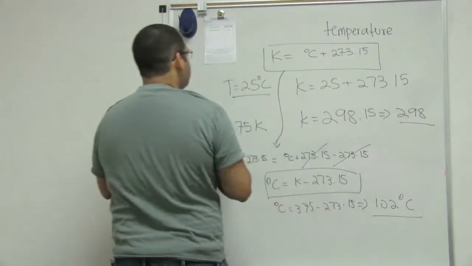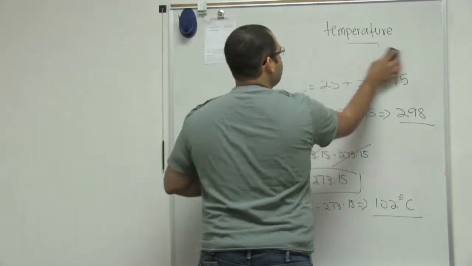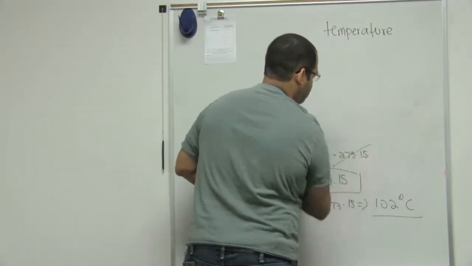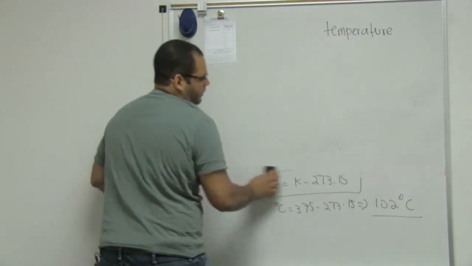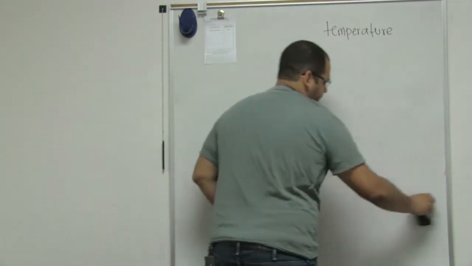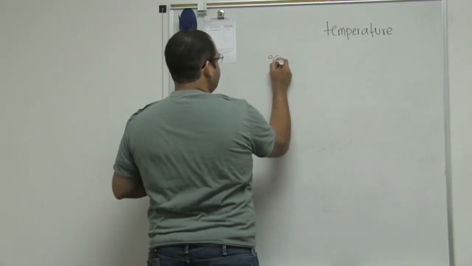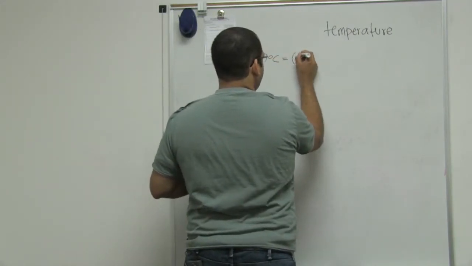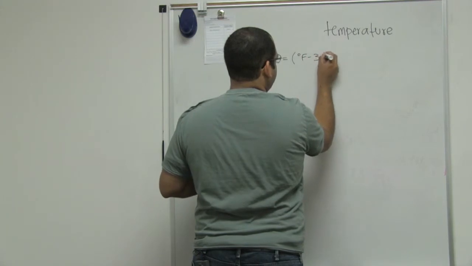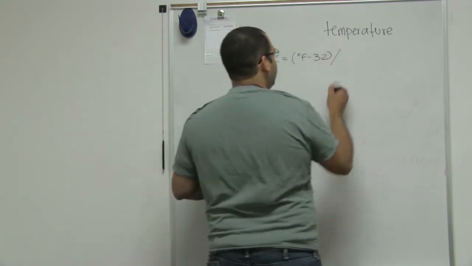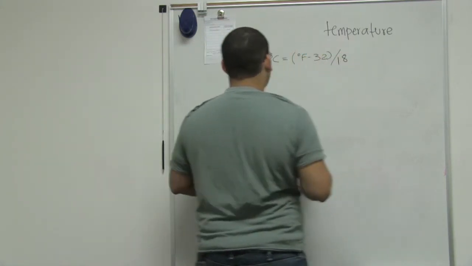So now let's work with the other equation. If the problem is in Celsius and wants me to find the temperature in Fahrenheit, and vice versa. So we know that Celsius is equal to Fahrenheit minus 32, divided by 1.8.